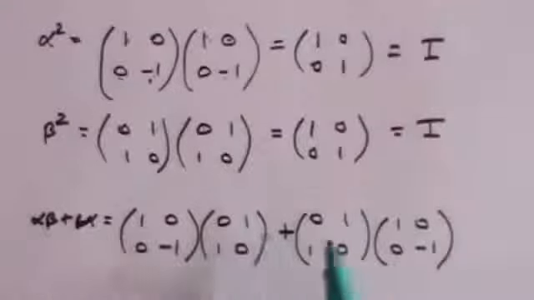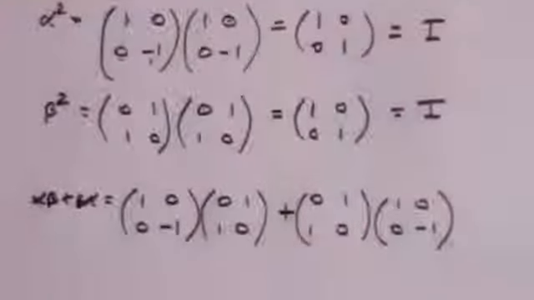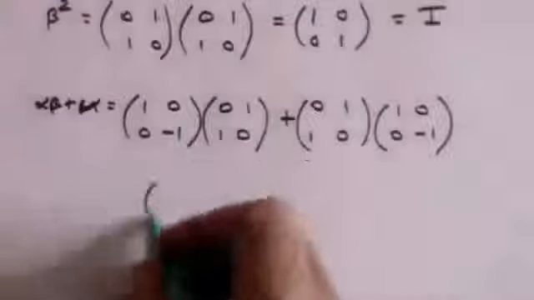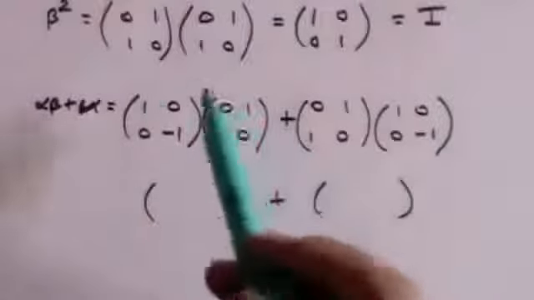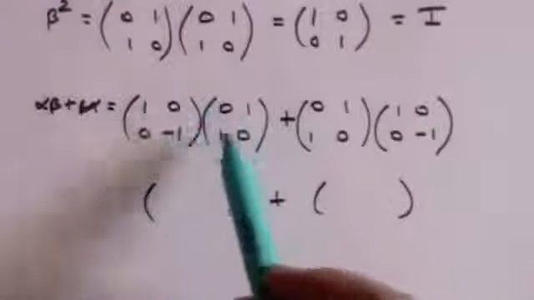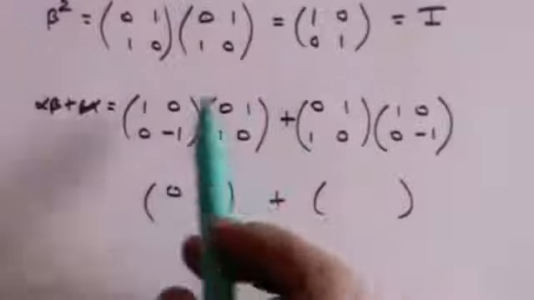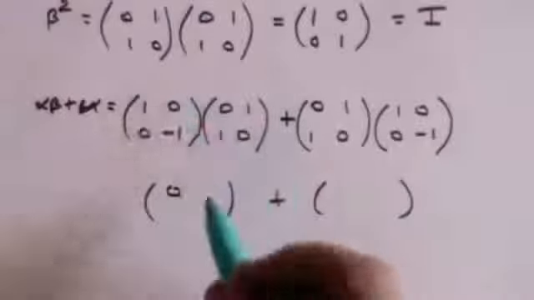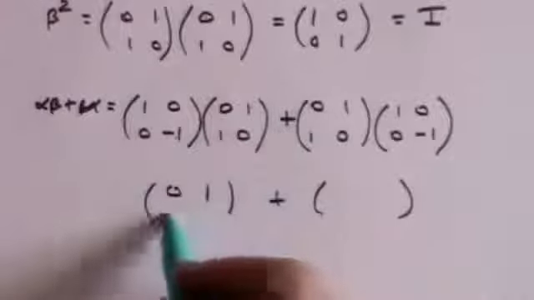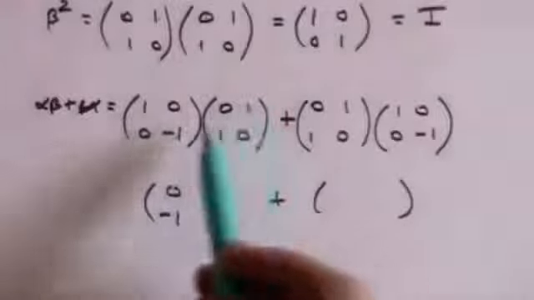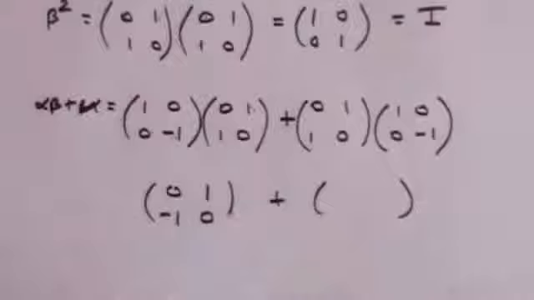That's alpha beta plus beta alpha. So let's work that out. We're going to get two matrices which we're going to need to add together. 1 times 0 plus 0 times 1 is 0. 1 times 1 plus 0 times 0 is 1. 0 times 1 plus minus 1 times 1 is minus 1. 0 times 1 plus minus 1 times 0 is 0.